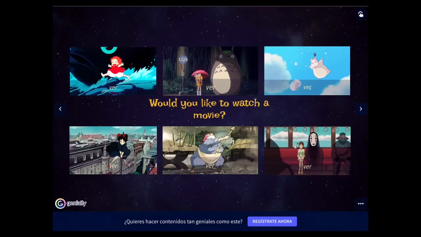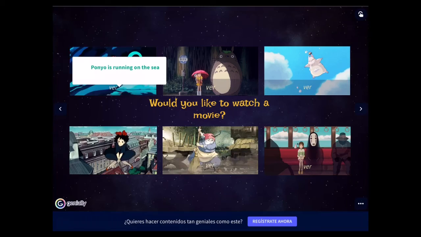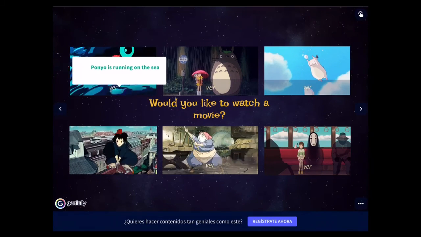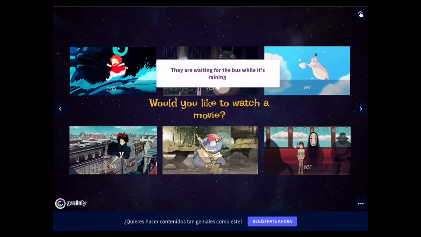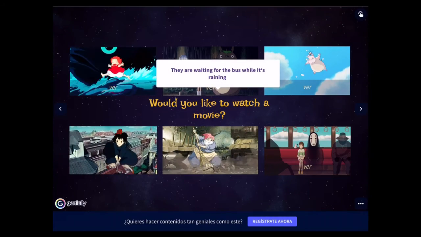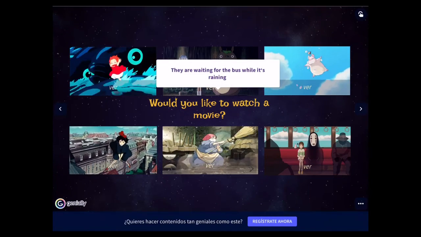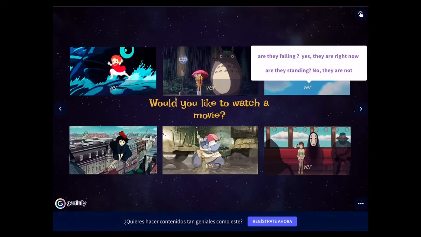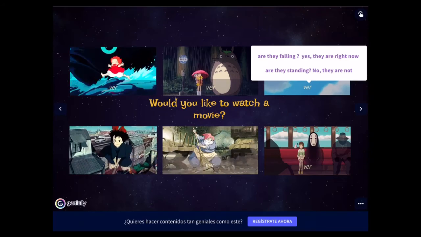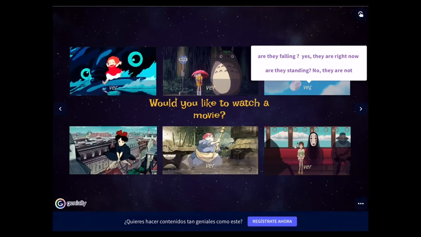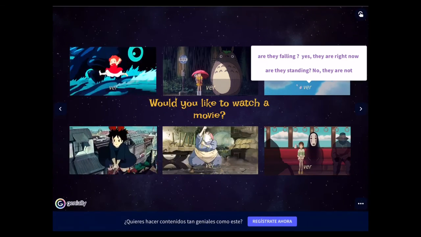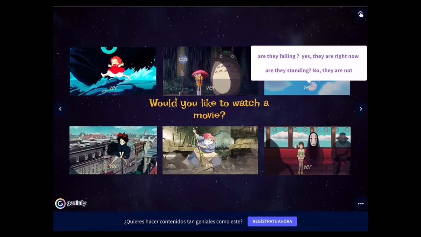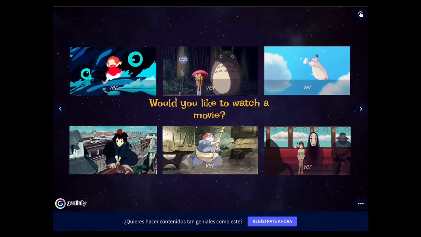The first is Ponyo is running on the sea. Second, they are waiting for the bus while it's raining. Third, are they falling? Yes, they are falling right now. And other, are they standing? No, they are not, because they are falling.